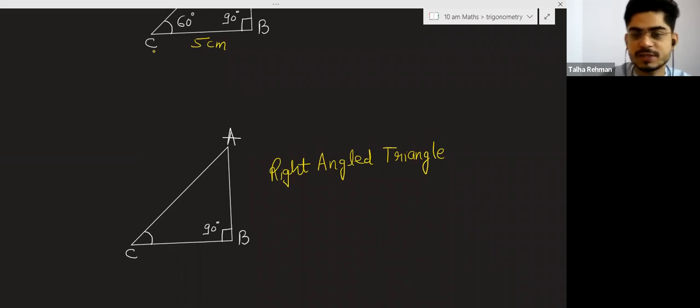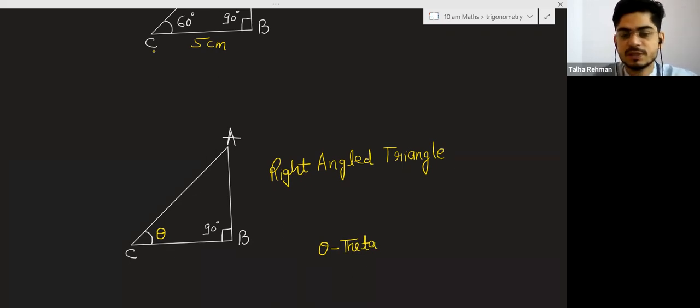If you are taking this triangle and suppose this is any angle, this theta. This type of symbol is known as theta.